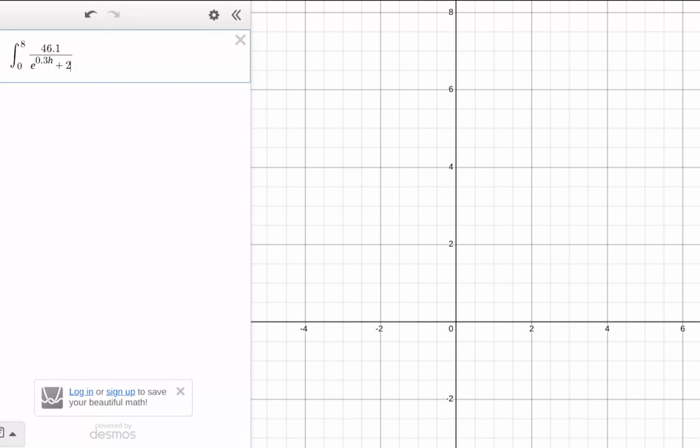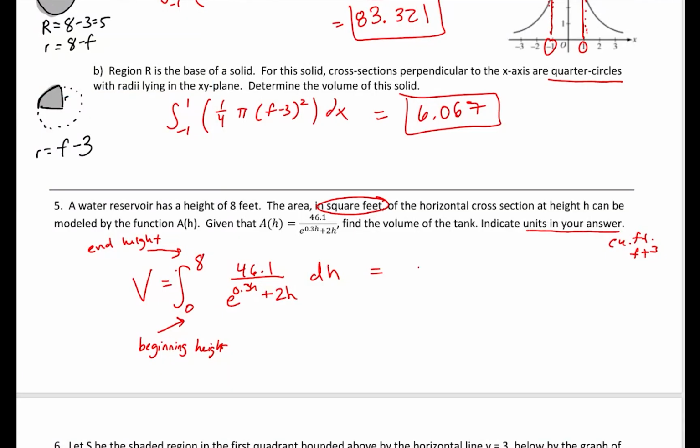I'm worried that it's going to treat that as a constant as opposed to a variable. Okay, no, it worked out okay. 56.048. And again, those units are going to be in cubic feet.